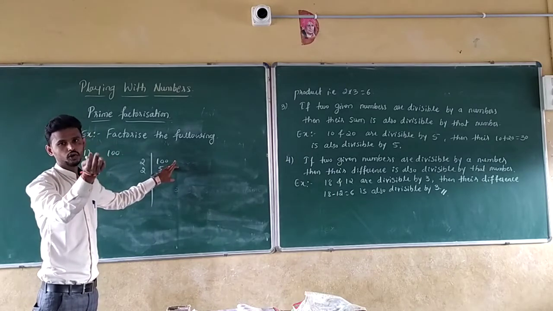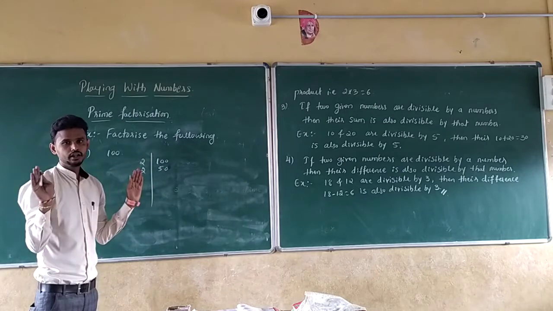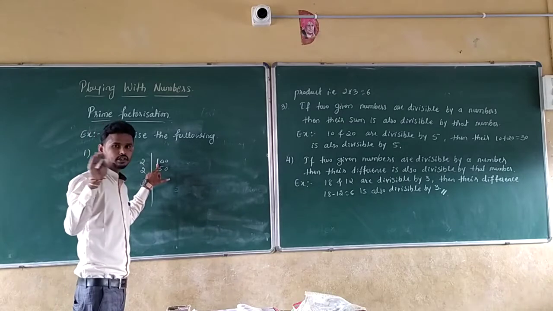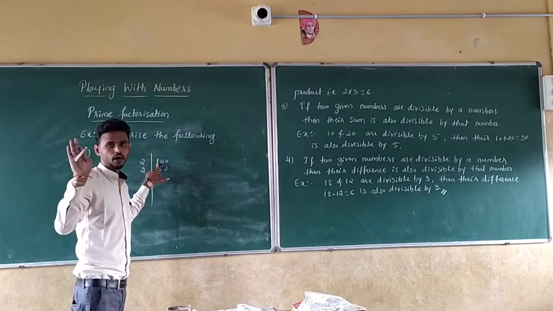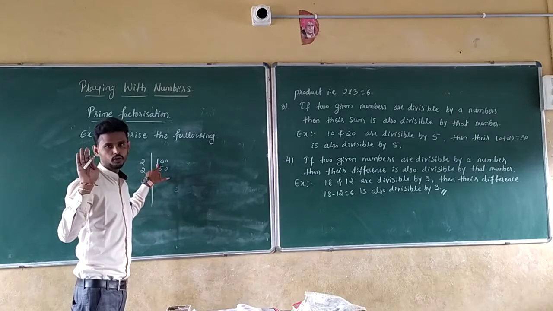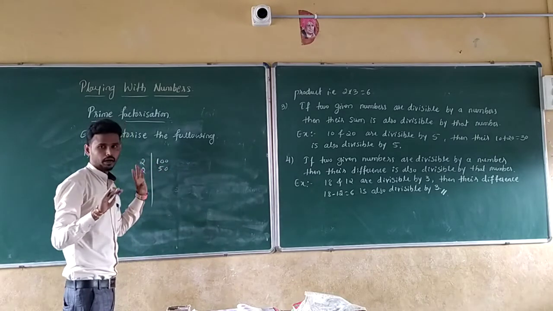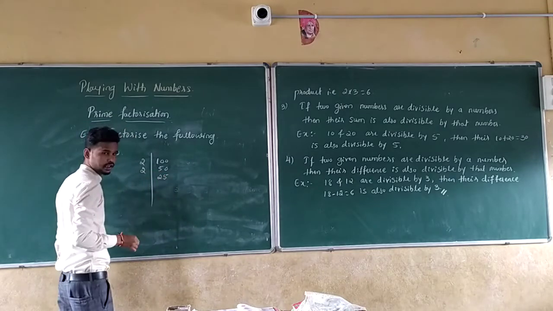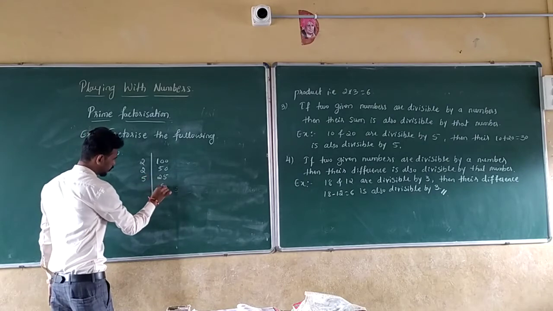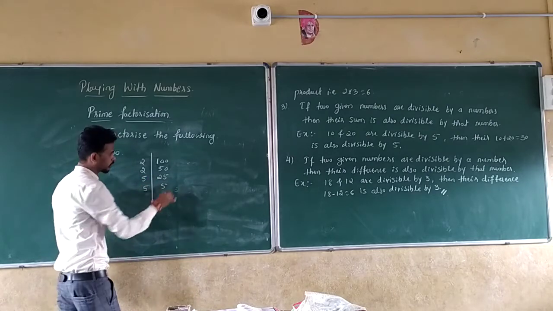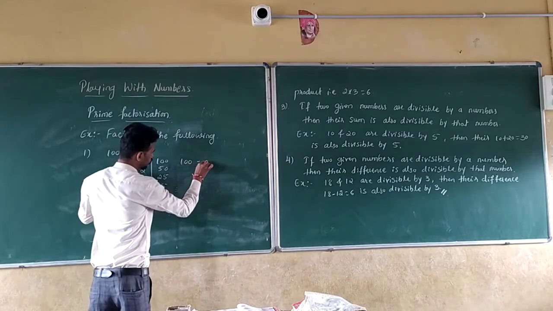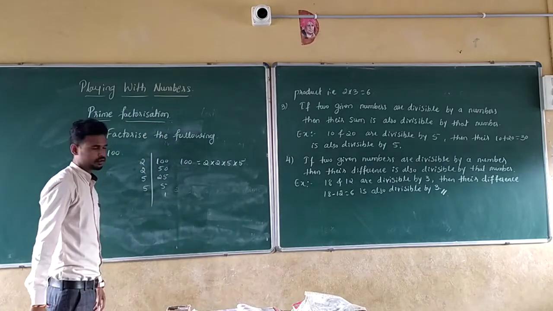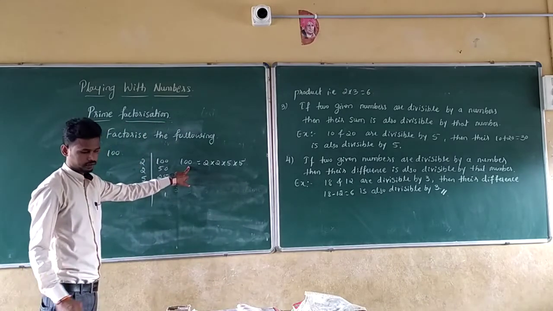If 3 also not, go to 5. Only prime factors, not composite numbers, not 4. So now 50 becomes 25. 25 is divisible by 5. 5 fives are 25, 5 ones are 5. So 100 we can write as 2 into 2 into 5 into 5. So this is the prime factorization of 100.